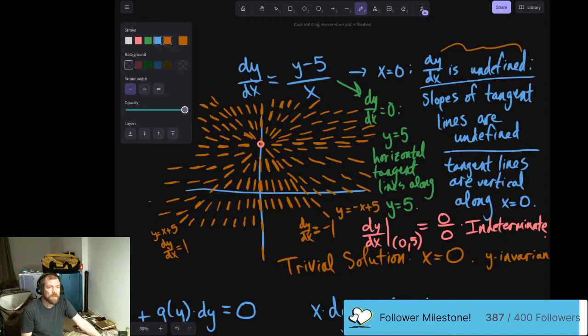Okay. Now what does this mean? Well, if we were to select any particular starting point, say here, what we would get here is a particular solution that starts at our neglected point here, 0, 5, and then goes out as a ray.